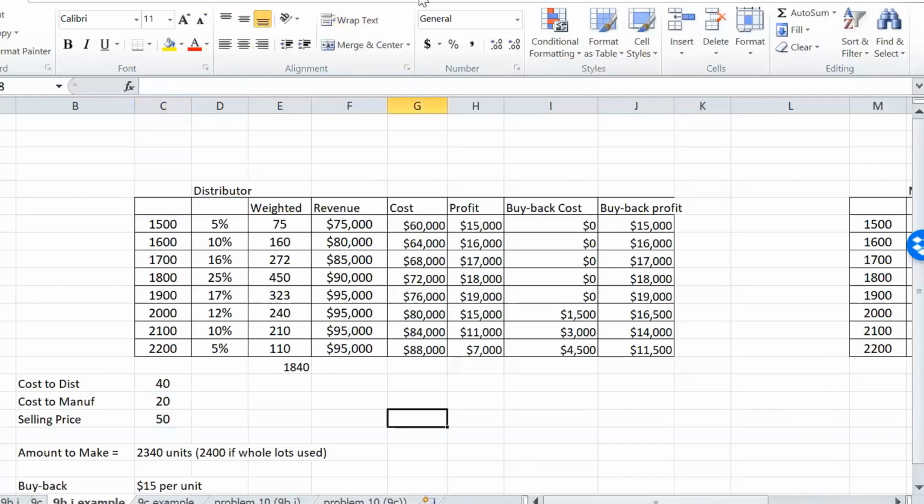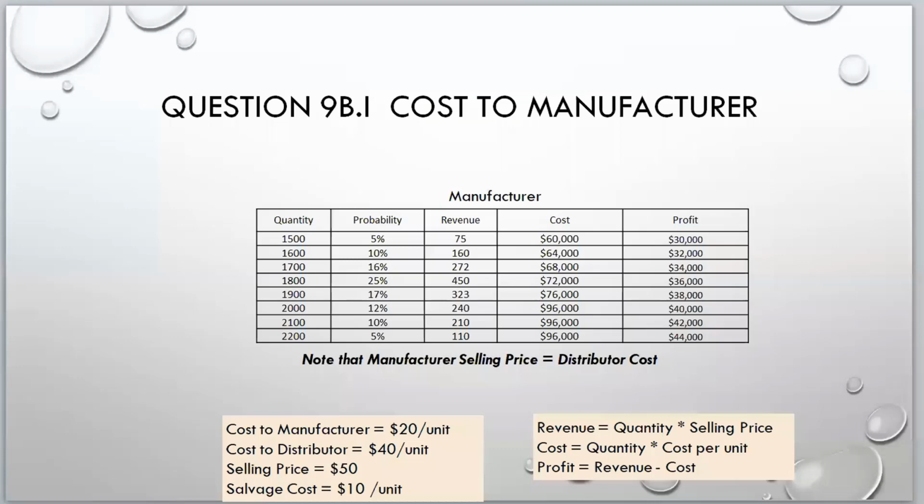Does that make sense? Yes. Okay. And you can just take your pick. That's just three examples: rebates, buyback, and revenue sharing. And if you have a spreadsheet like this, it's really easy to change the numbers around based upon what you want to incentivize. Okay.